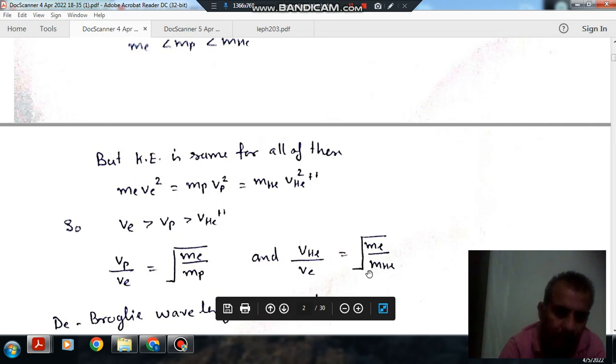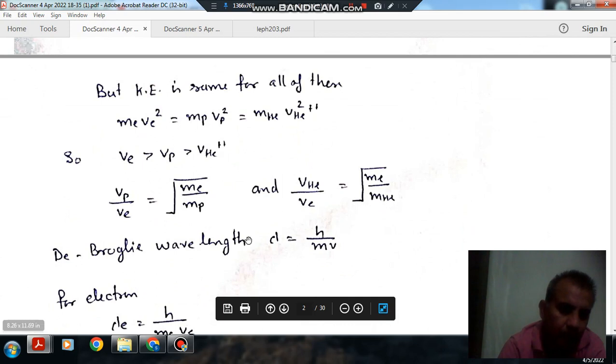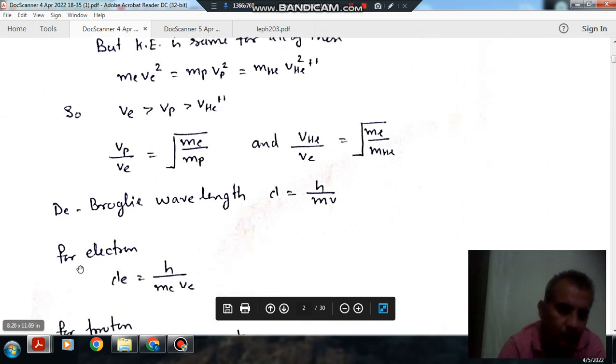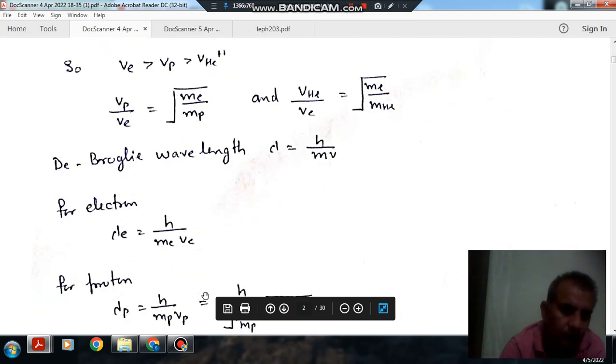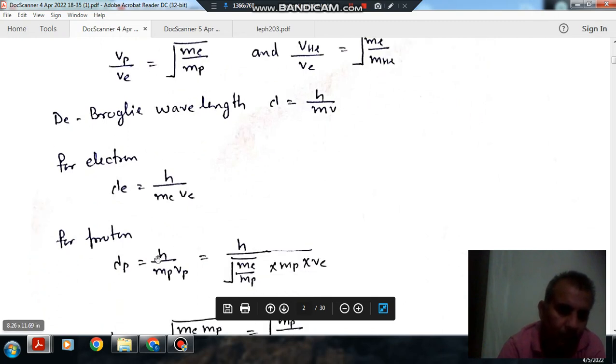The de Broglie wavelength is lambda equal to h by mv. For the electron it will be h by me ve, and similarly for the proton it will be h by mp vp.